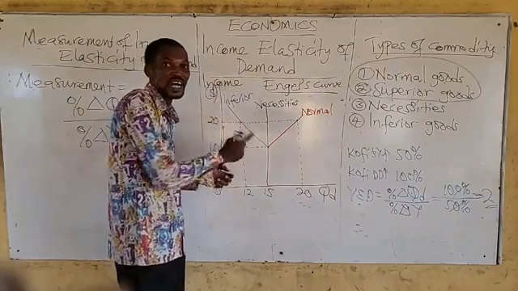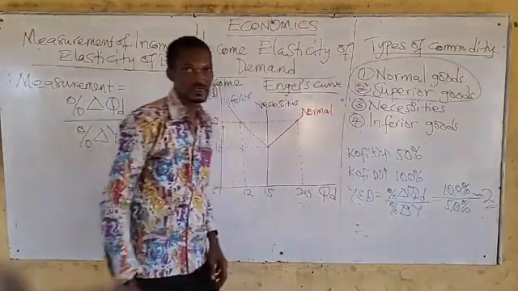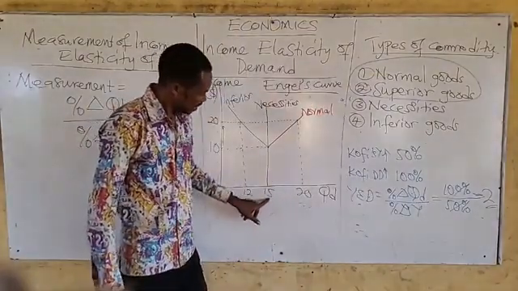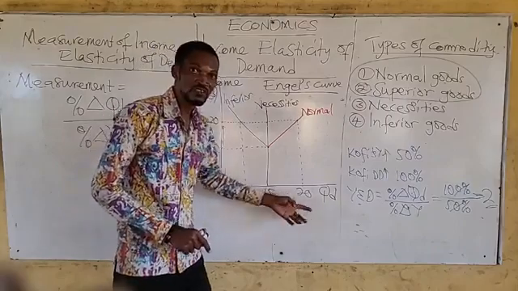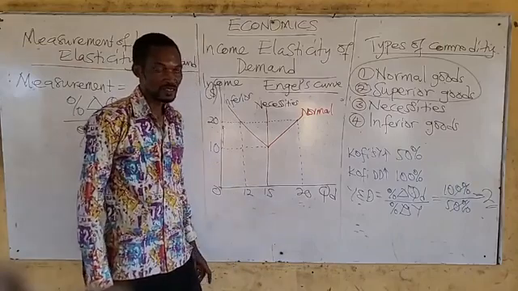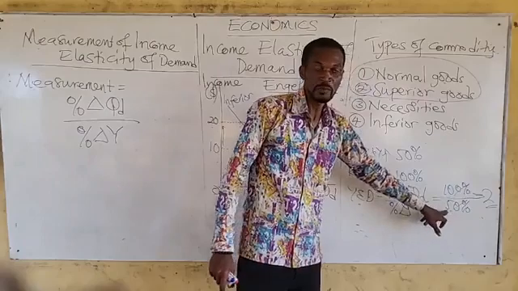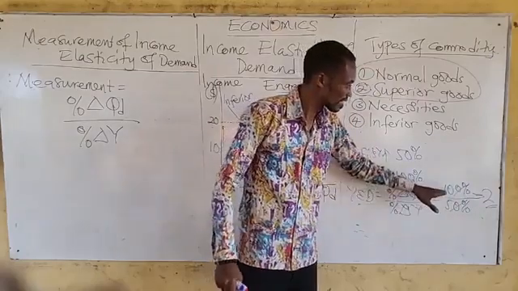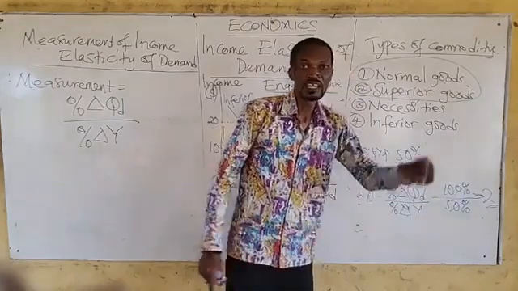So the income change is 100%. That means the denominator will be 100%. But from 15 to 20, I would guess that it will be less than 50%. And so something less than 50% divided by 100%, the numerator will be lesser than the denominator, and the answer will be less than 1.